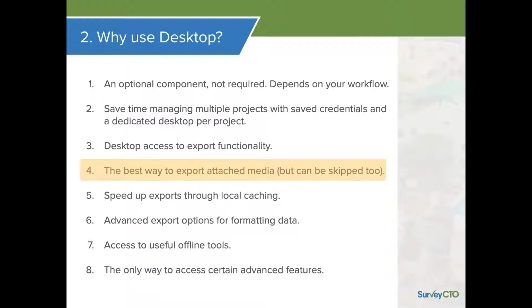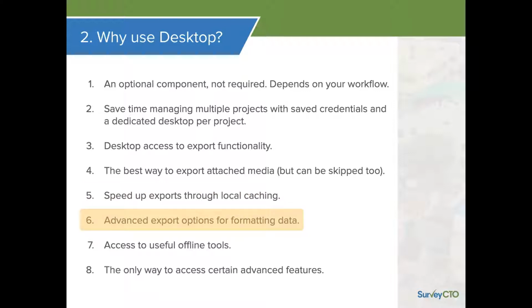SurveyCTO Desktop is the best way to export attached media files like photographs or audio audits, but you can also skip media files to speed up your exports. When you export data using desktop, your exports will be accelerated by local data caching.